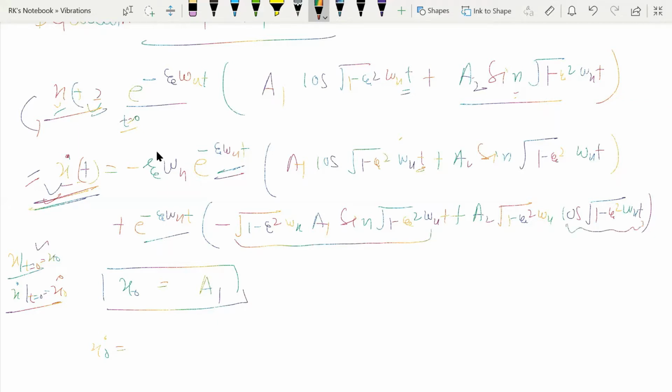So we'll have minus ζωn times A1, and the sine term is 0.